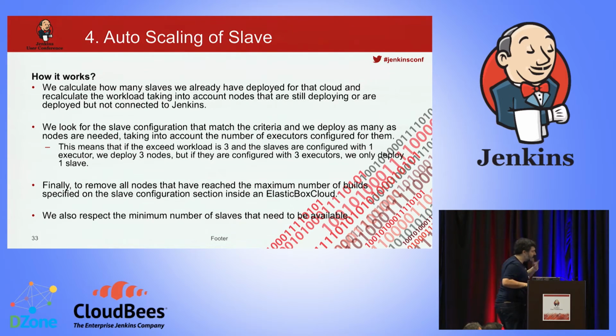We can show a small example of this later, but once you have set up the limits, you don't need to worry about launching more instances or slaves, and you also don't need to worry about killing the instances that are not being used, because we automatically remove that instance or slave for you when it has passed the maximum number of executions that we allow, or when it has been idle for some time that we can configure.